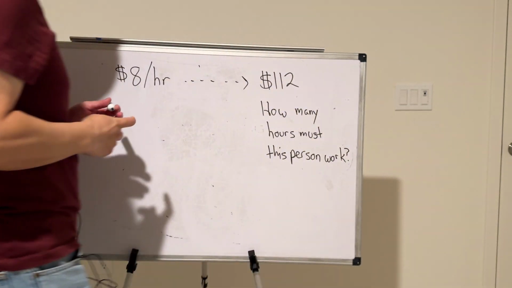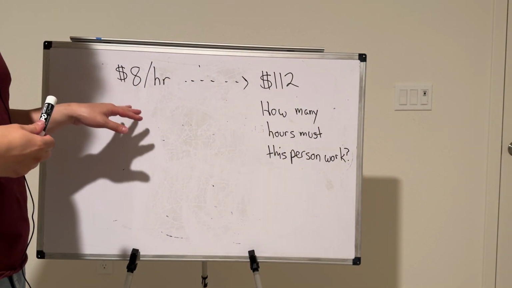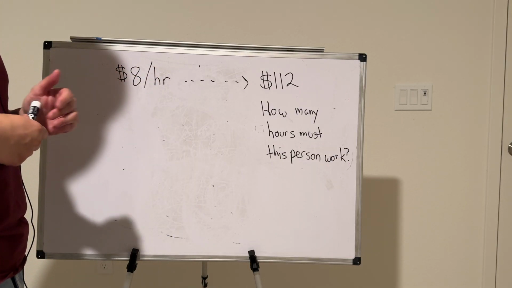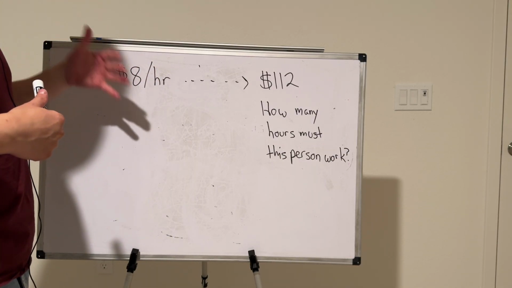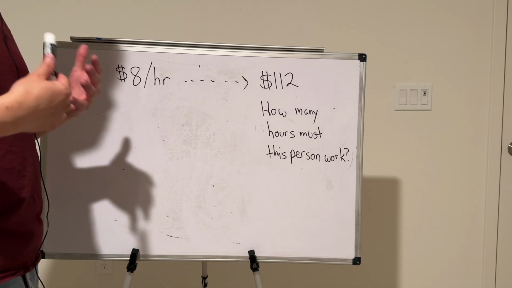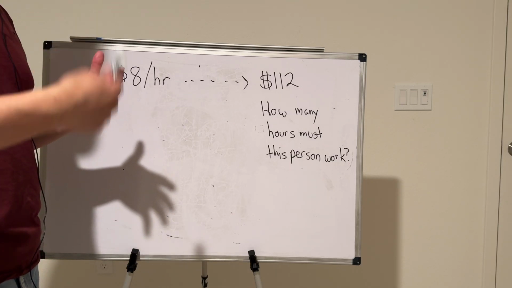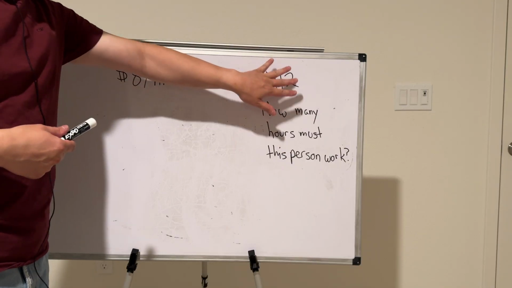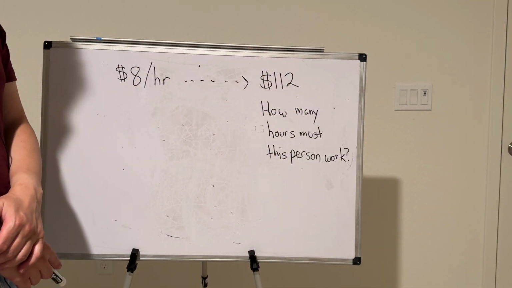If this person continues to make $8 every hour, you don't get a raise right in the middle of the shift, but you just make $8 an hour. For how many hours do you have to keep earning $8 an hour until you save up enough money equivalent to 112? Okay?